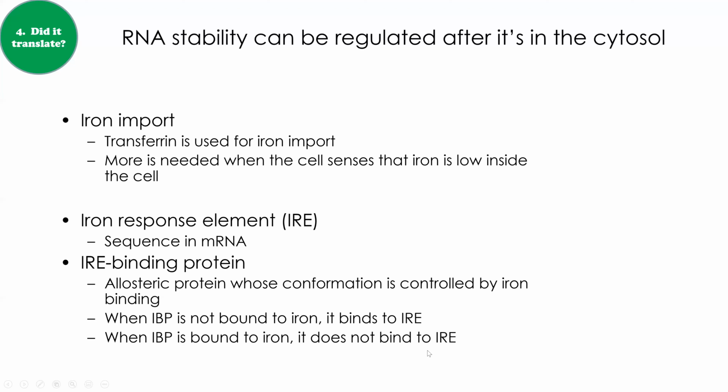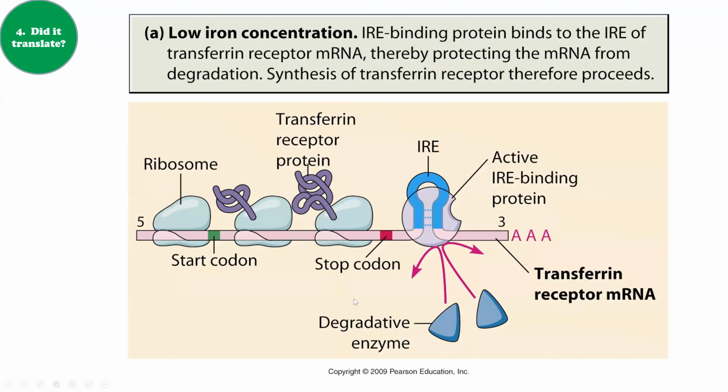So you can think of the iron response element, that sequence in the RNA, as being kind of a backup date. So you would prefer to hang out with iron, but if iron's not around, the iron response element will do, okay? So that's the setup, but we're gonna see why that has consequences. Okay, so we're gonna start out in a low iron concentration environment.